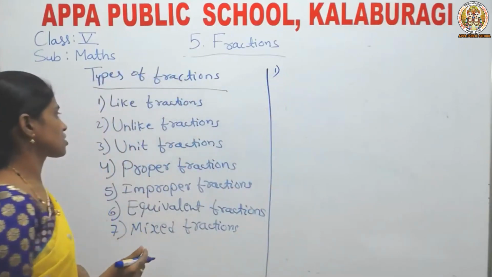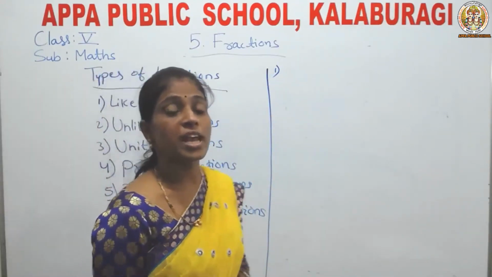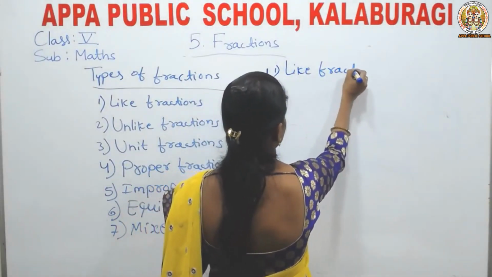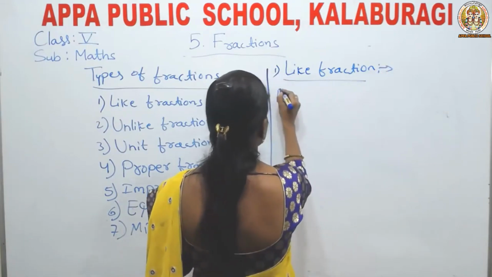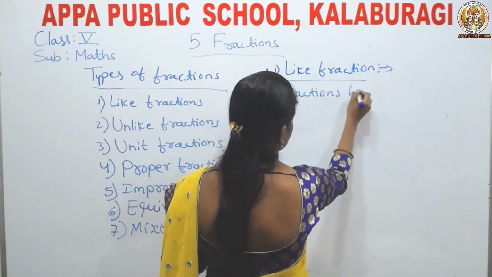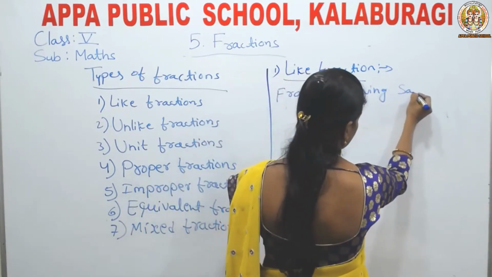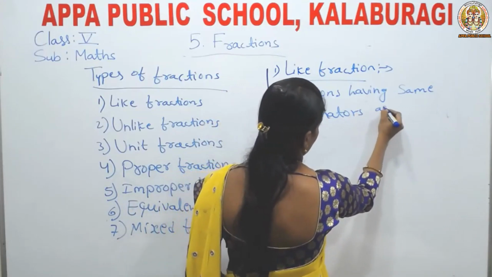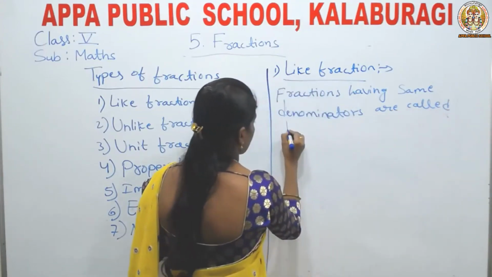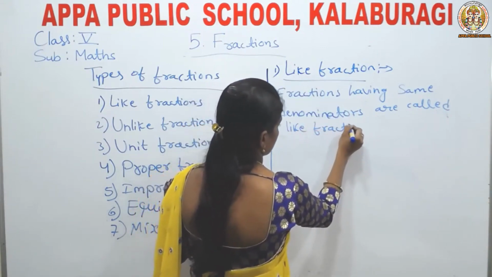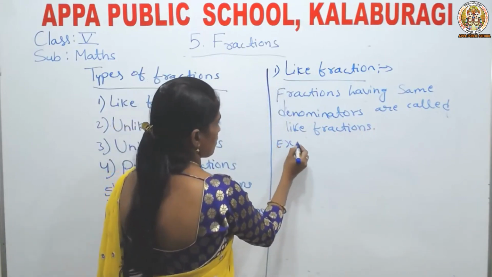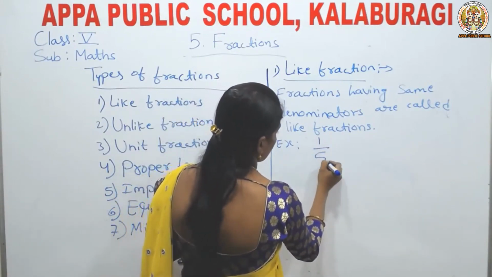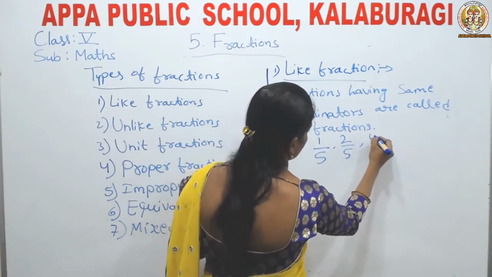First one, like fractions. Fractions having the same denominator are called like fractions. For example, 1 by 5, 2 by 5, and 4 by 5.